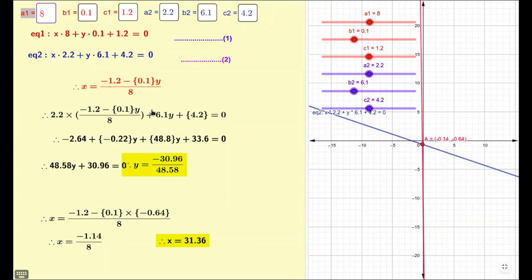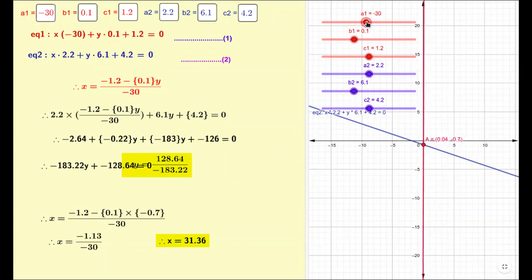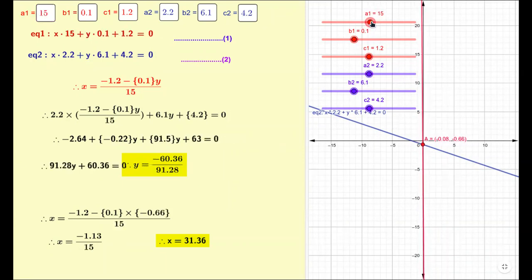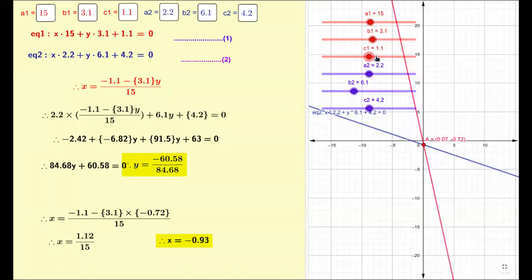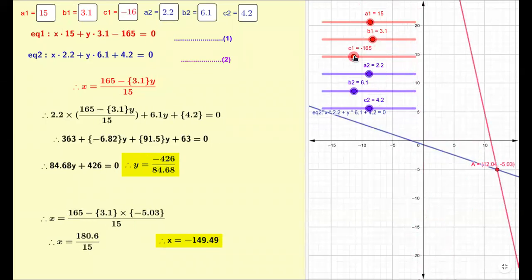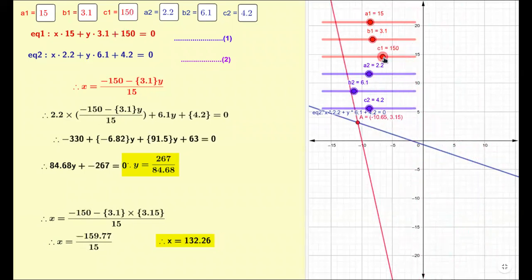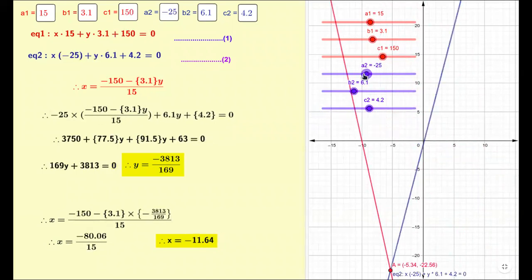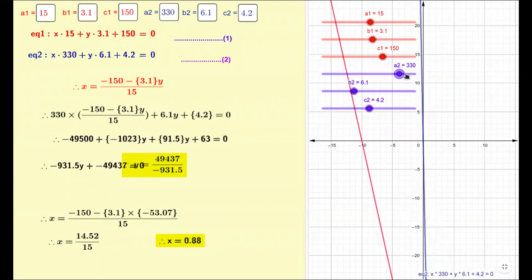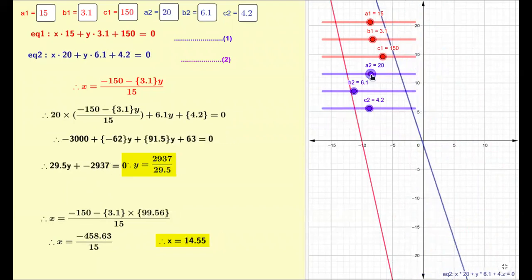So how each and every step is explained. And the second, on the right side, you can find the graphical representation. You can use these sliders so you can see how that intercept changes. So we can demonstrate for various pairs of linear equations.